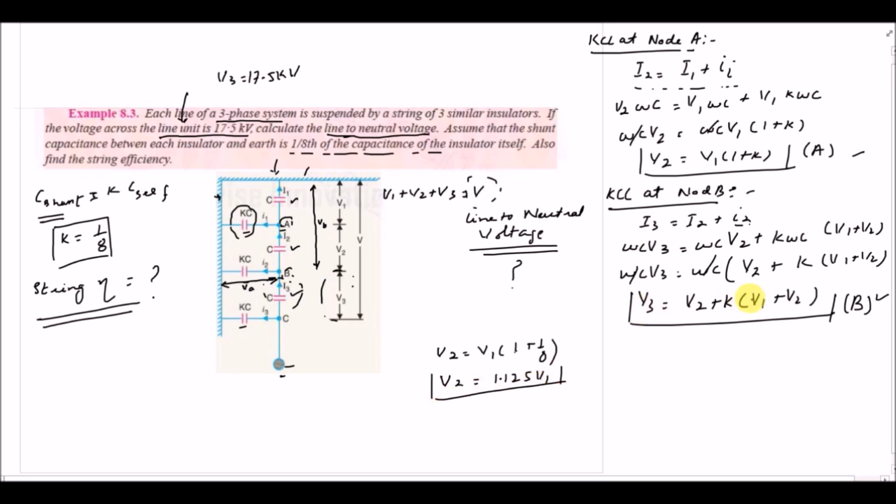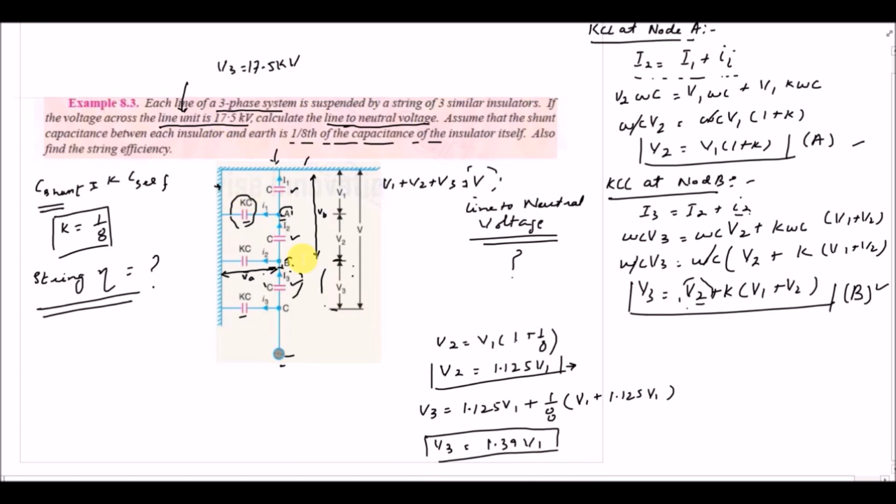Similarly for equation B, V3 is equal to V2, which is 1.125 V1, plus K value 1/8 into V1 plus V2, where V1 is V1 and V2 is 1.125 V1. So the final V3 value will be 1.39 V1.